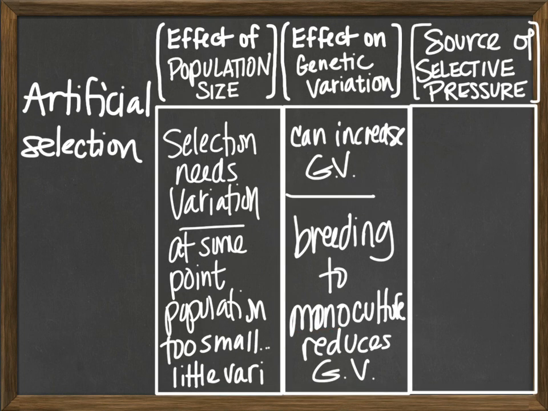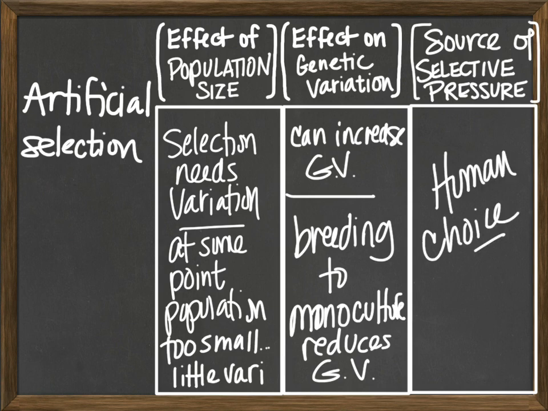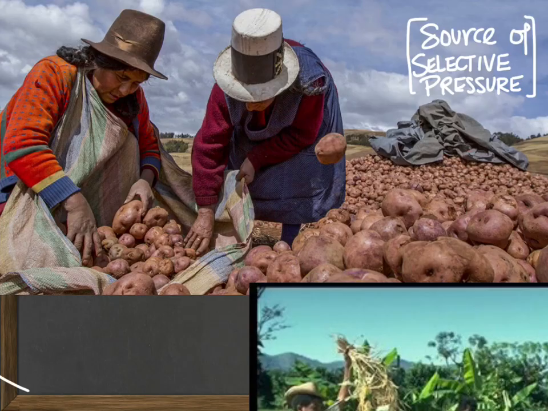What's the source of selective pressure in artificial selection? Well, you know this. It's human choice. It's human desire. Whether that desire is for a meaty chicken, or for beautifully colored potatoes. Humans have been doing this agriculture thing for about 10,000 years.